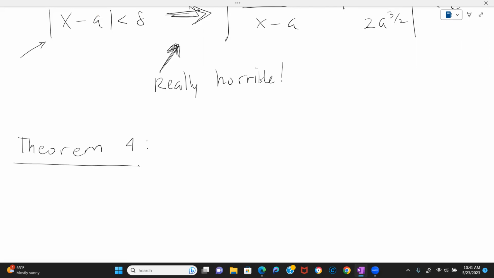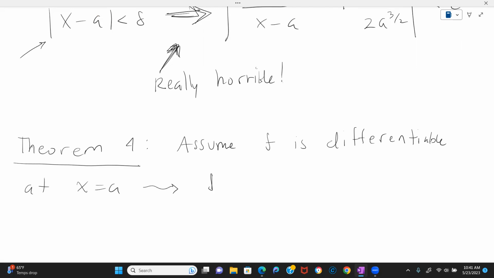So we're going to assume f is differentiable at x is equal to a. What does that mean?